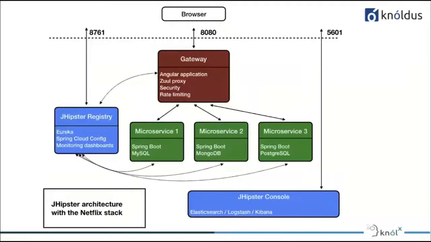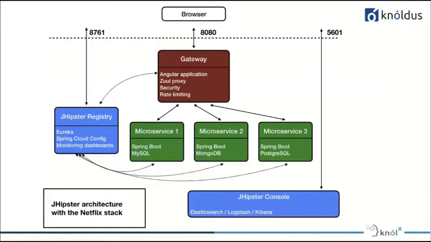This is a diagram that explains how the gateway, JHipster registry, and microservices interact with each other. First, our request is sent by the browser to the gateway. Then the gateway sends that request to the registry. Then the registry finds where that request has to be routed, as all the services register themselves with the registry through their application name, even if they have multiple instances.